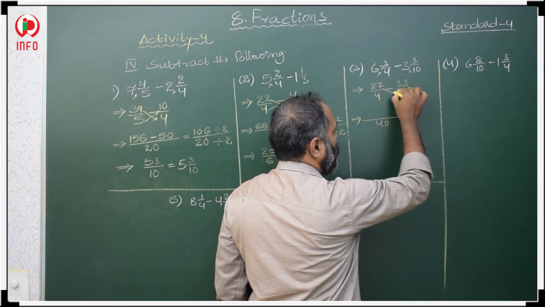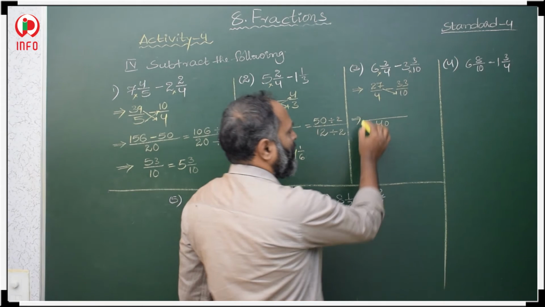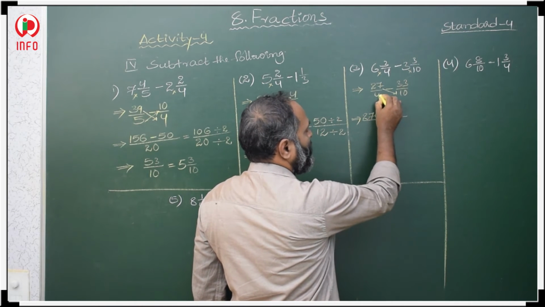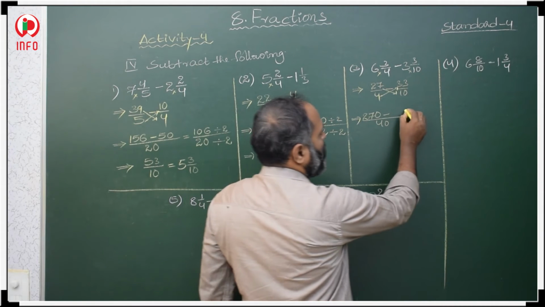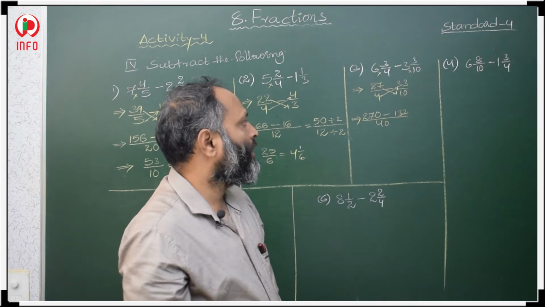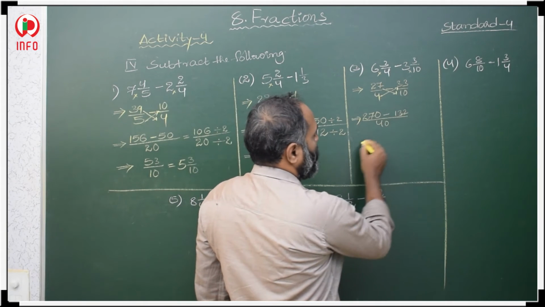First fraction numerator with second fraction denominator. 27 10s are 270, minus first fraction denominator with second fraction numerator. 3 4s are 12, 12 are 132. Okay. Now 270 minus 132.